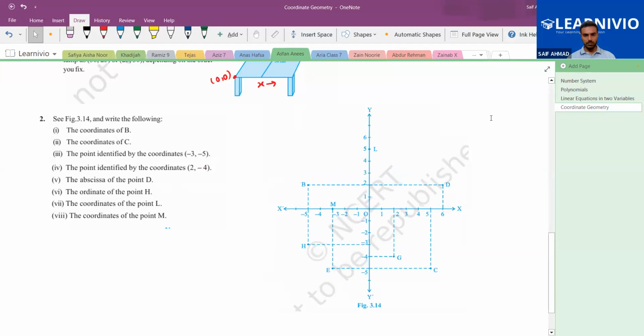These are the points here: A, B, D, C, G, E, H. You have to find the coordinates. Tell me, Sakshi, what are the coordinates of B? B is here. Tell me, what can be the coordinates?